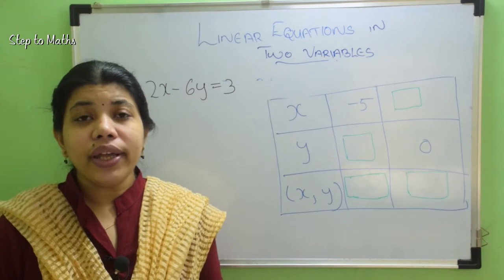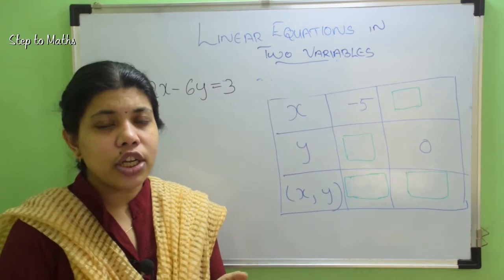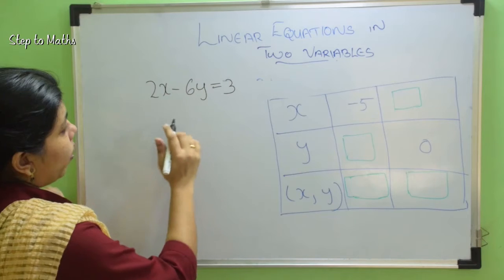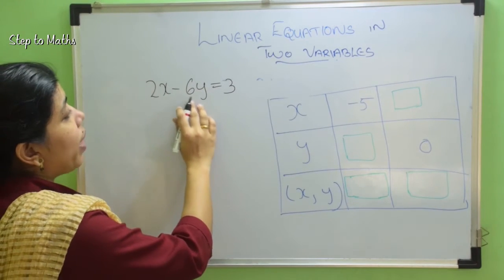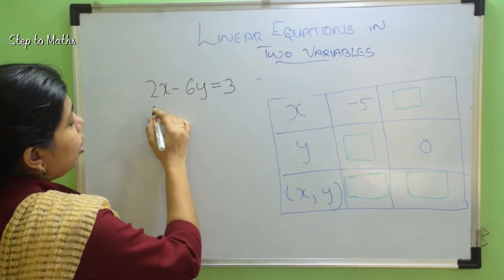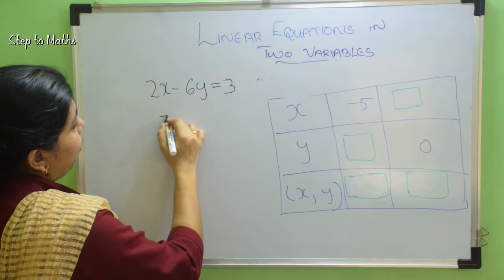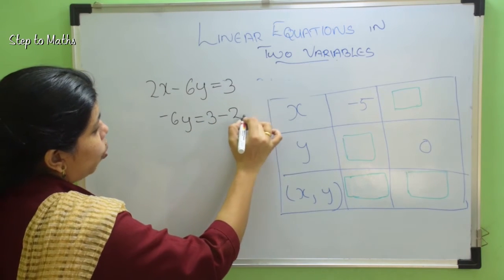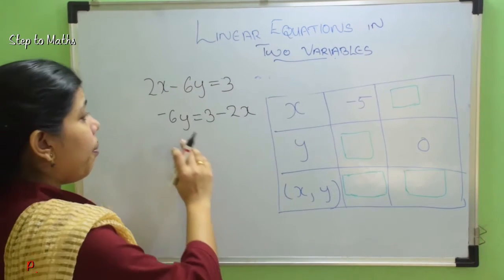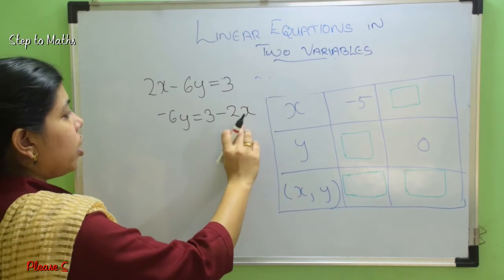To plot a graph of linear equation, first we have to change the given equation in terms of y. The given equation is 2x minus 6y is equal to 3. So how can we rewrite this? Minus 6y is equal to 3 minus 2x.